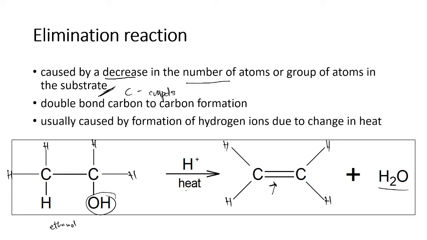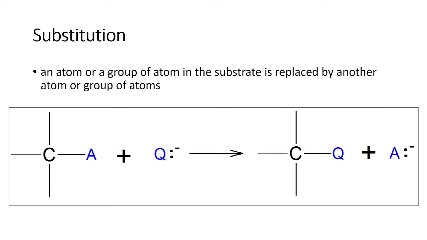So from ethanol, in which we introduce hydrogen ions and heat, we form what we call ethene. Okay. So our next reaction mechanism is what we call the substitution reaction.